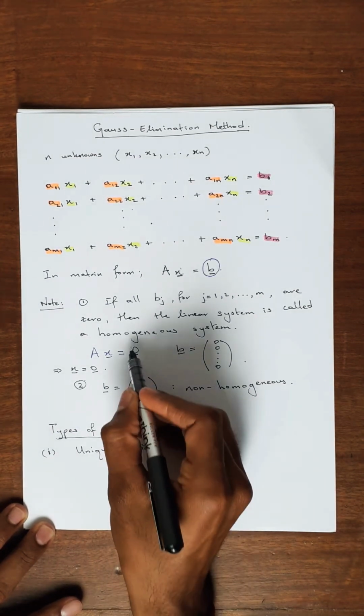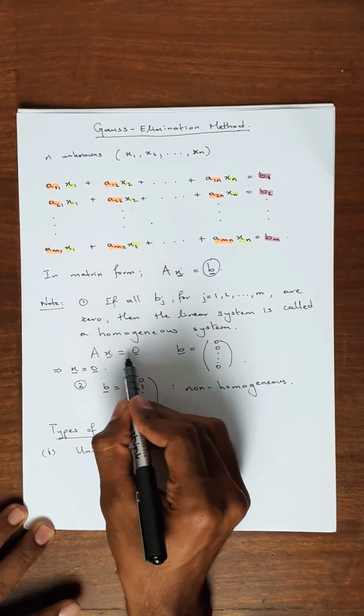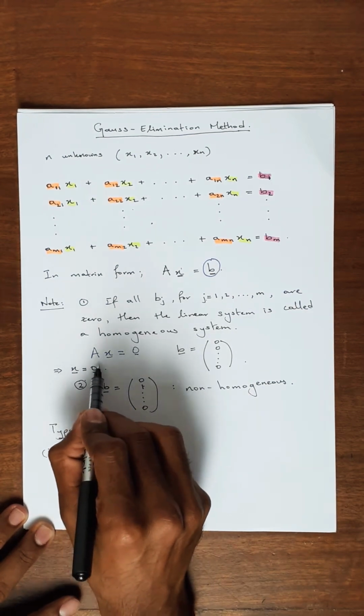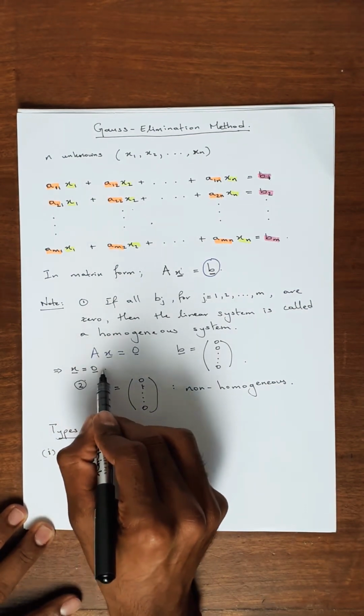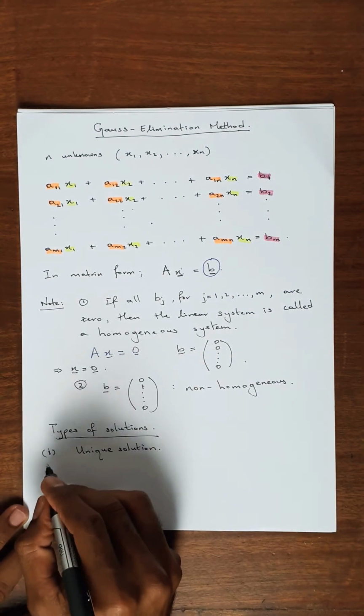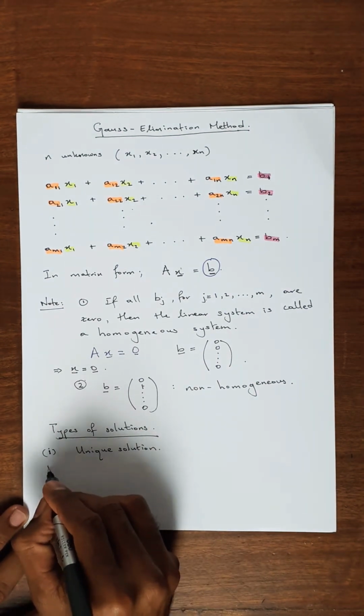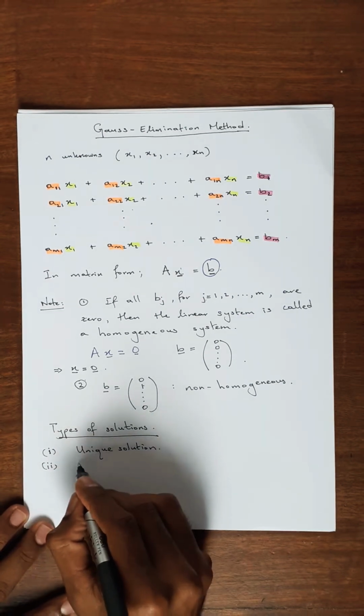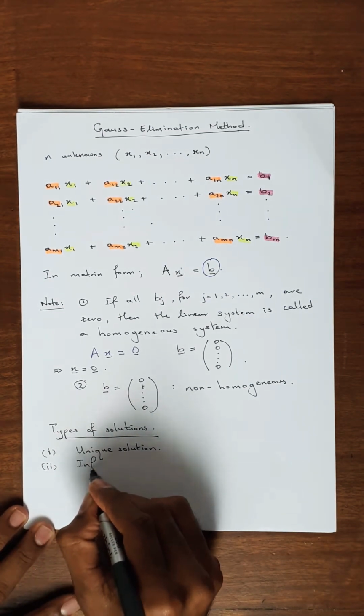So let's say in this case, whenever you have got a system Ax equal to 0, x equal to 0, it is actually the trivial solution, but we can say that it is a unique solution that you can have. Second type of solution is that you have infinitely many solutions.